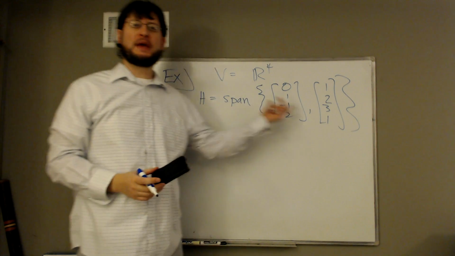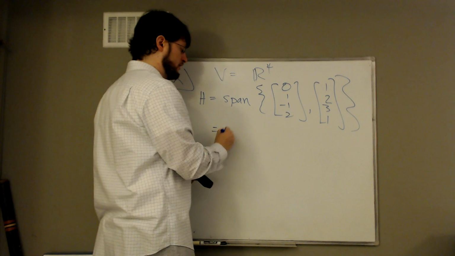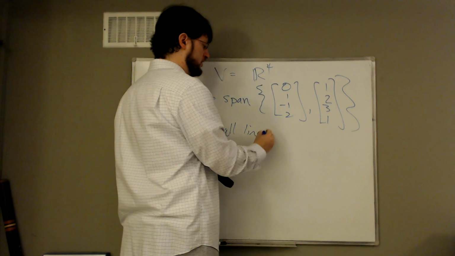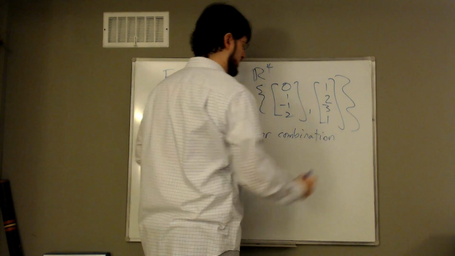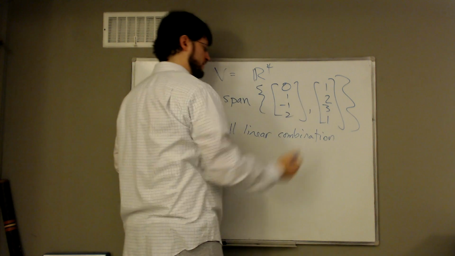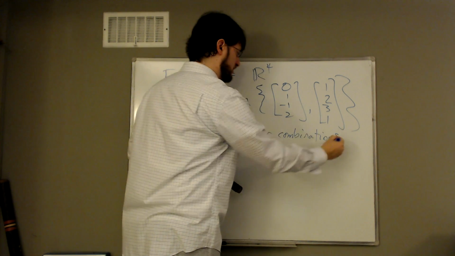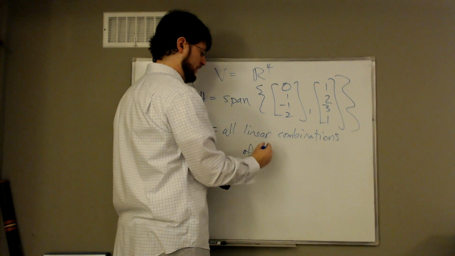Remember, a span is all linear combinations. That's what a span is. That's the definition of a span of some vectors. All linear combinations of the vectors.